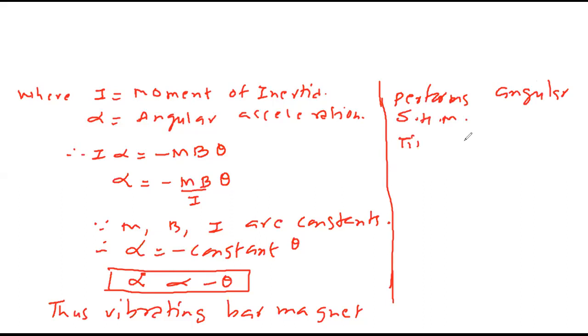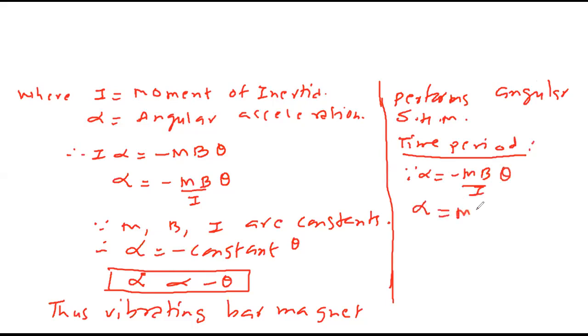Time period: alpha equals minus mB upon I theta. So alpha is mB upon I theta in magnitude. Alpha upon theta equals mB upon I.